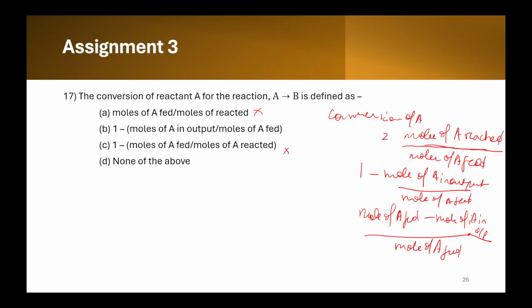If we simplify this, mole of A fed minus mole of A in output is basically mole of A reacted. So this is the correct relation given here for the conversion of A.